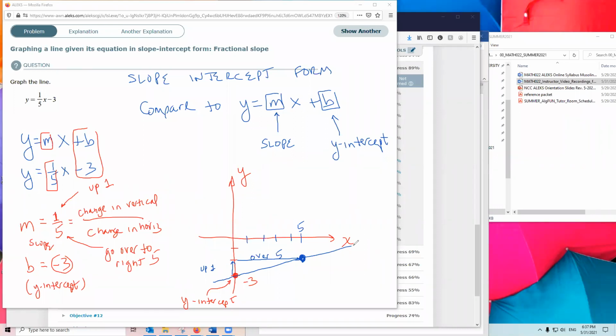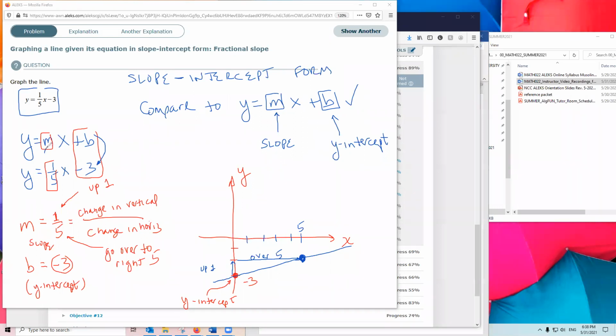Okay, so to summarize, what we did here is we took the equation they gave us and we compared it to this form. This is called the slope-intercept form of a line. You write it as y equals mx plus b. If you forget this, it's in the reference packet. When you compare the given equation to y equals mx plus b, you'll be able to figure out b, in our example -3.